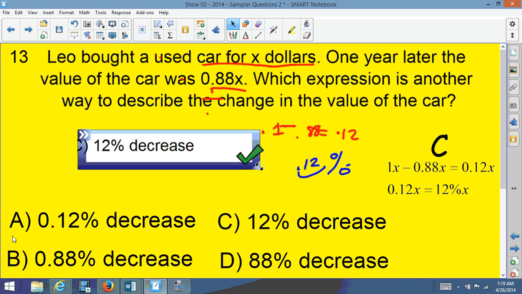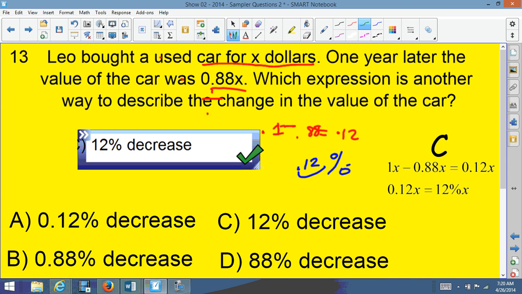This first one would be 0.0012, because we moved the decimal point 2 places over to the left. So that's not the same as 0.12. So be careful with that. That could be a little tricky.